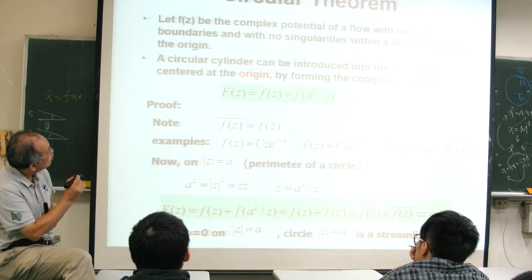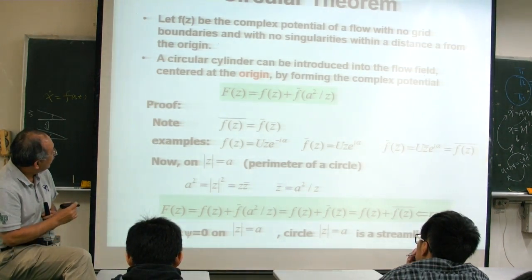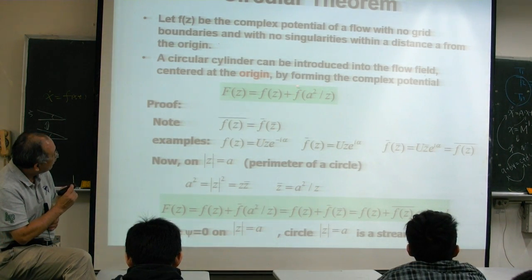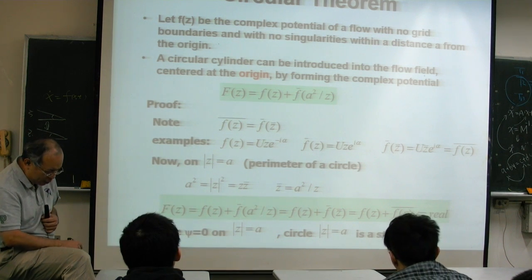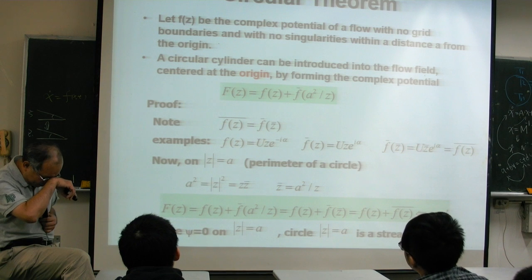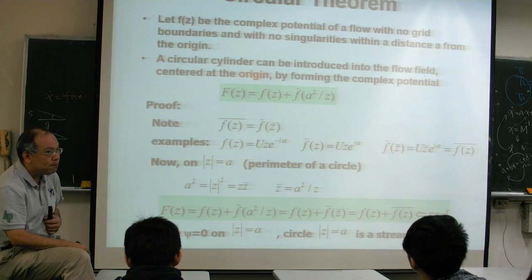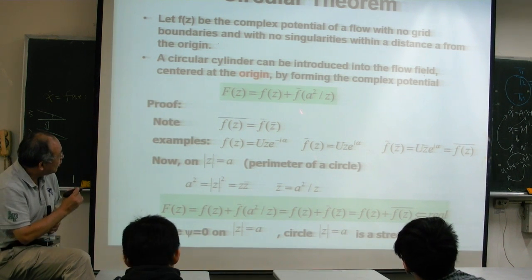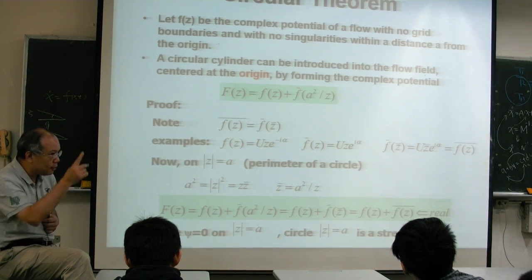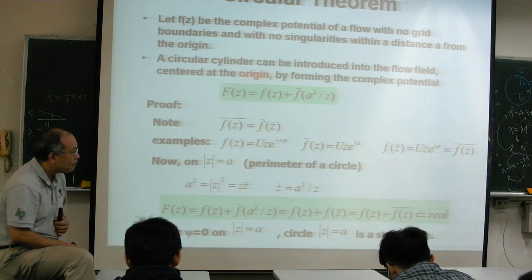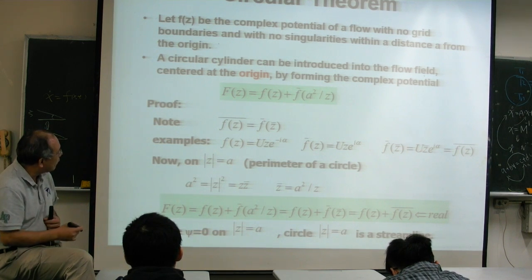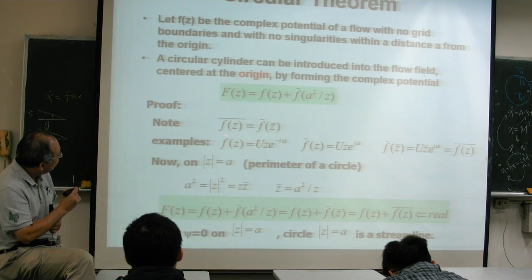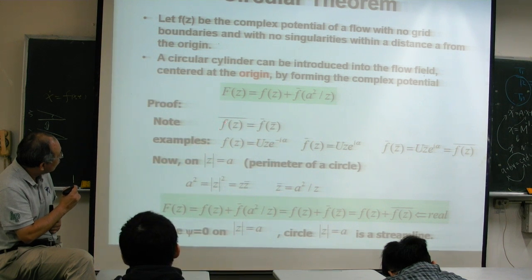How to prove this? This is called the circle theorem. This bar is the so-called complex conjugate, right? I forgot what it's called in Chinese mathematics: complex conjugate. F bar means the complex conjugate, and I will show you later the definition of complex conjugate. So remember, this is a function f(z).